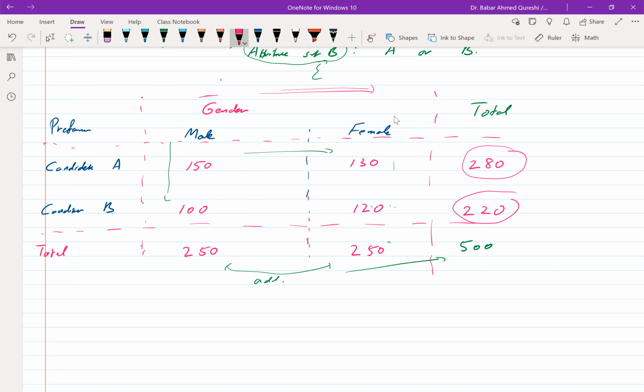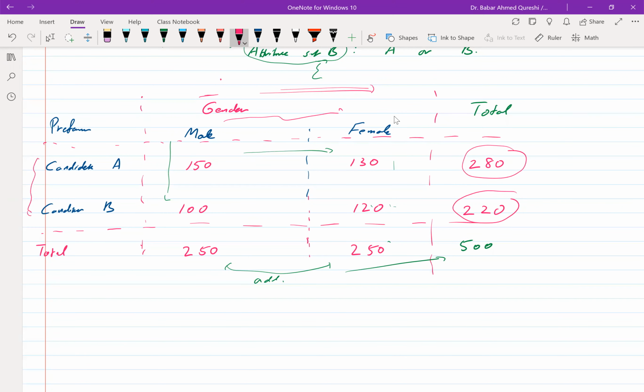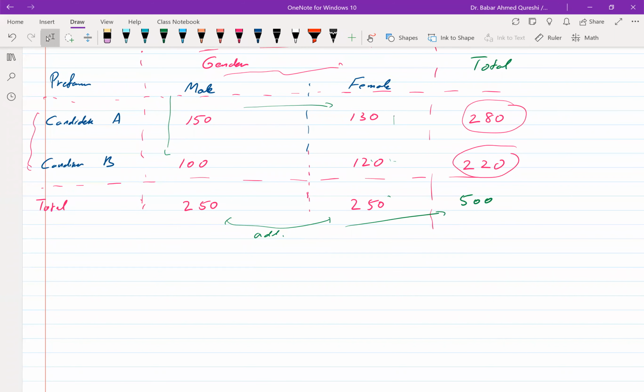Similarly, both of them have candidate B as a second preference, but not in equal number. So I want to see whether this dependence of one category on the other is statistically significant or not. That can be done very easily using a chi-square test.